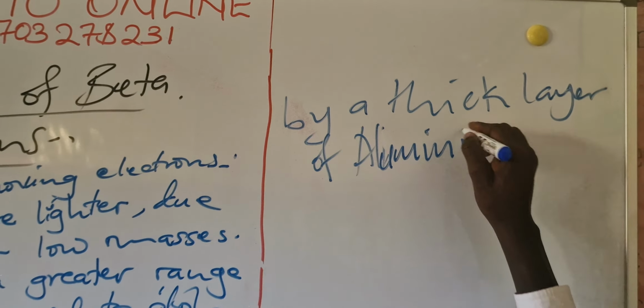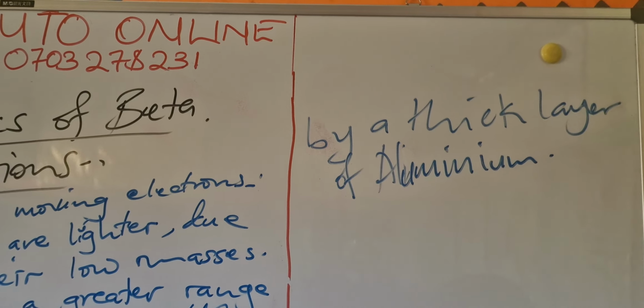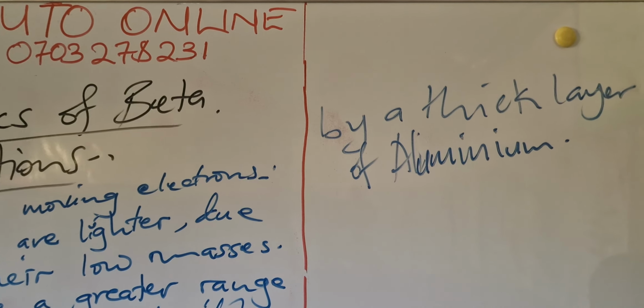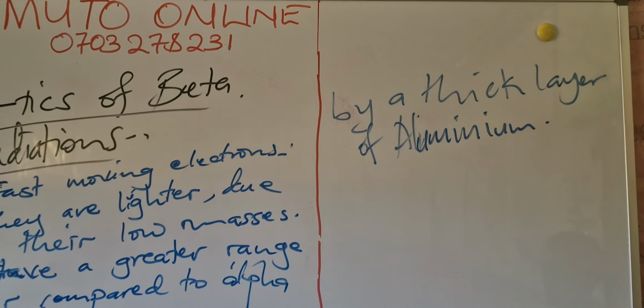So we are looking at the different characteristics of these radiations called the beta radiations.